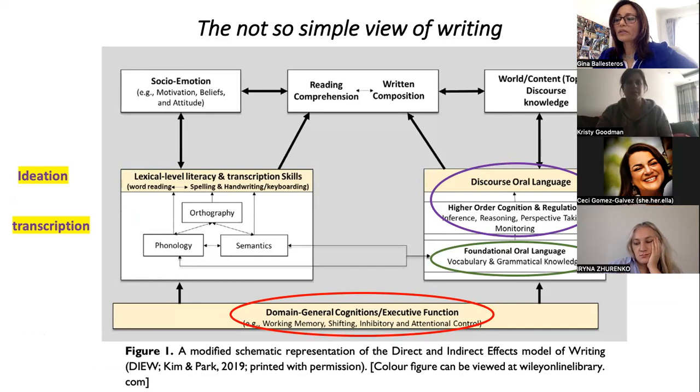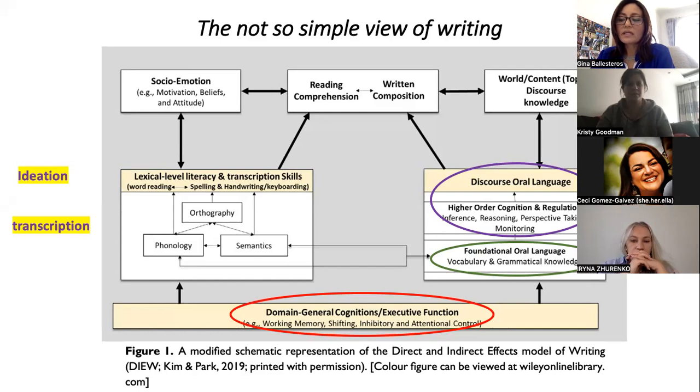So now I am going to connect oral language and writing. Just like there is the simple view of reading, the simple view of writing hypothesizes that ideation and transcription are two necessary component skills, whereas the not so simple view of writing proposes text generation, executive function, and transcriptional skills.